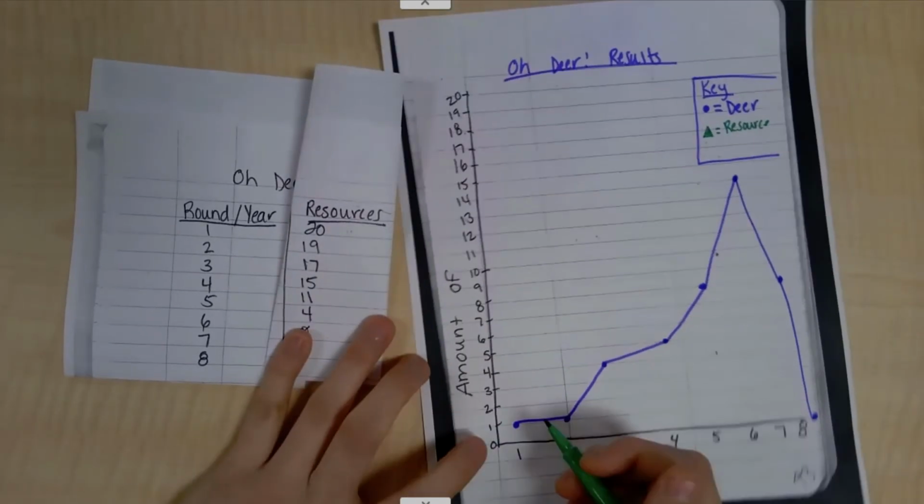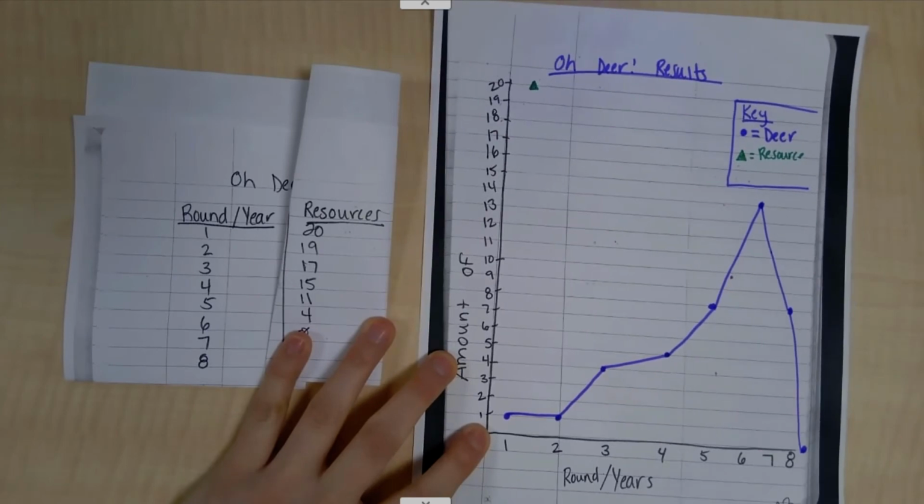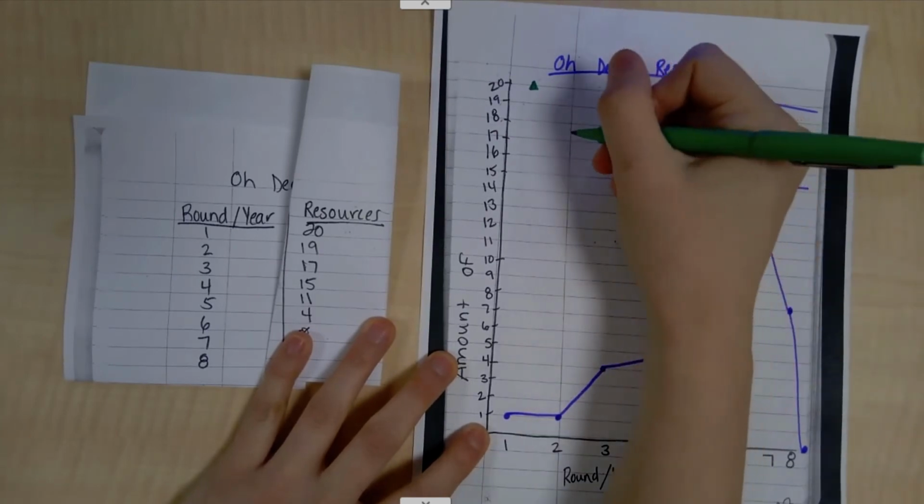So I had 20 on my first one. Then round 2 I had 19.